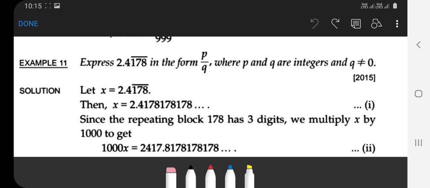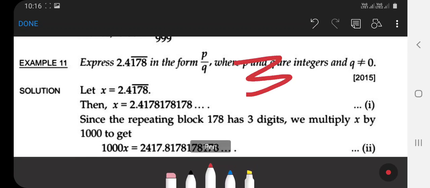First, let x is equal to 2.4178 after omitting the bar sign, then x is equal to 2.4178178178 until infinity, where the repeated block is 178. It has how many digits? So 3 digits.